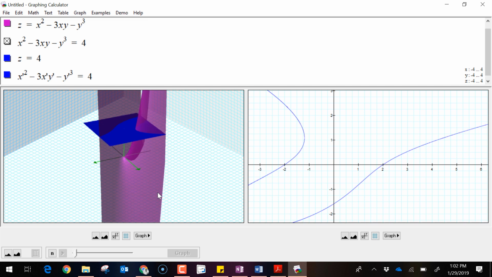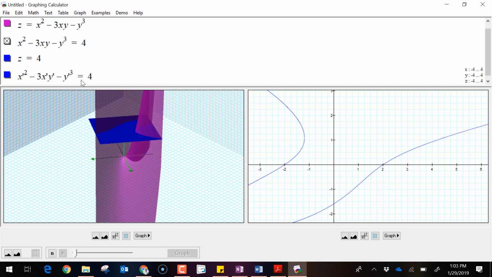If I were to graph x squared minus 3xy plus y cubed is equal to 4, this is the graph that I'm going to see. Okay, which could be a possible solution to a first order ordinary differential equation.